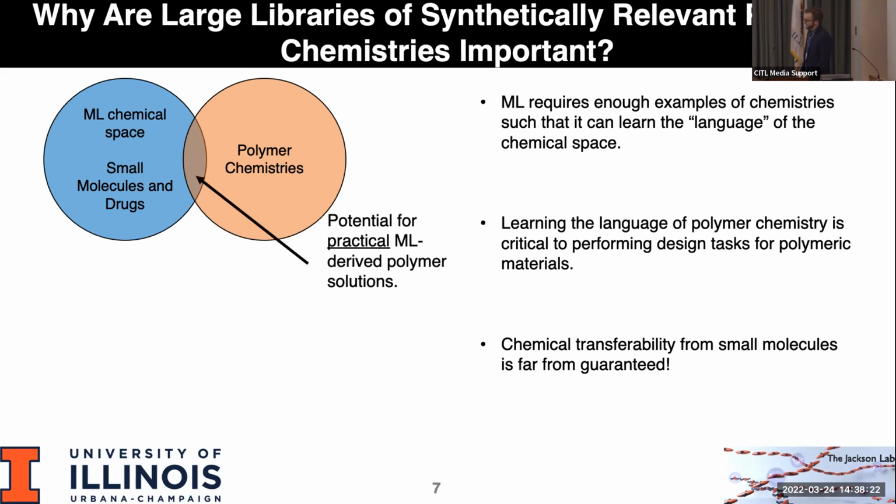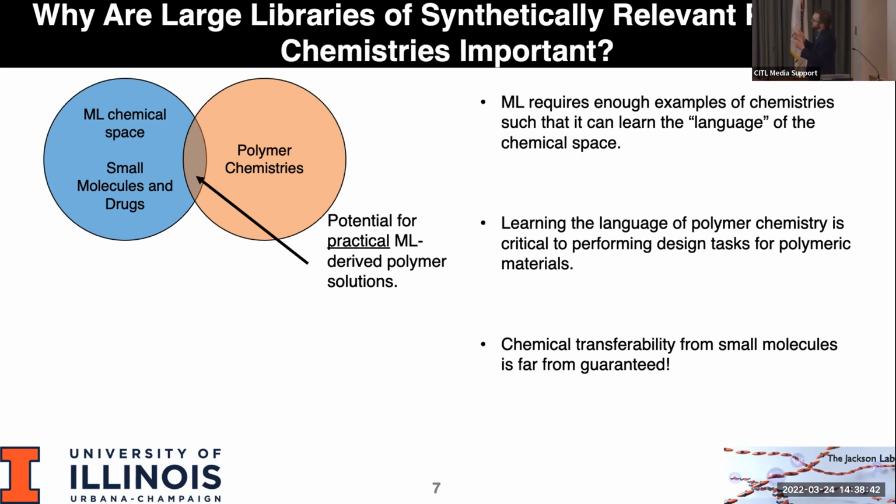chemical spaces look like? You can make the argument that, well, if you use the drug data sets and the small molecule data sets, you'll access a huge diversity of chemical space that you were never in before. But on the other hand, what kind of practical, chemically realizable industry solutions are you going to derive from a small molecule training set that just looks like a bunch of drug molecules?